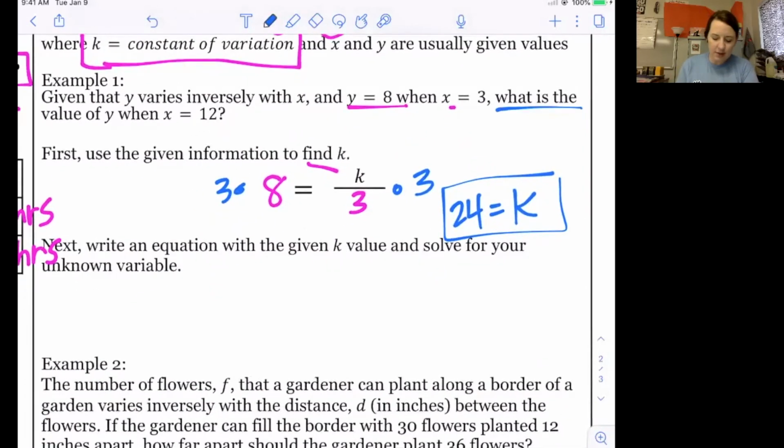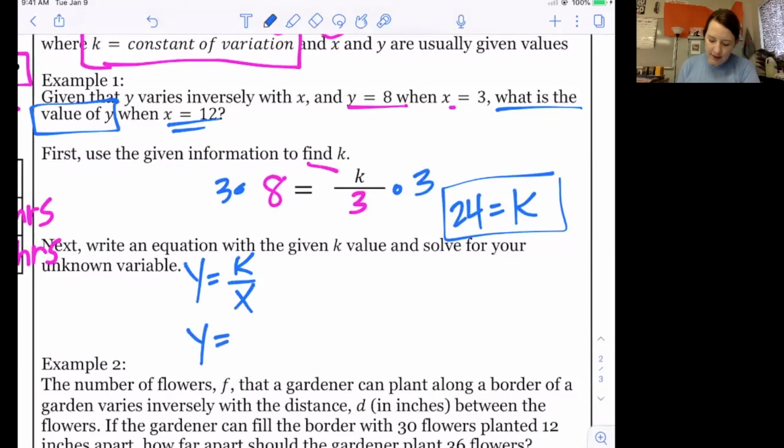It's asking what is the value of y when x equals 12. So we're going to have to write a second equation using our k value, because k is constant throughout the whole entire situation. And so we have, once again, y equals k over x. I want to look for the value of y.